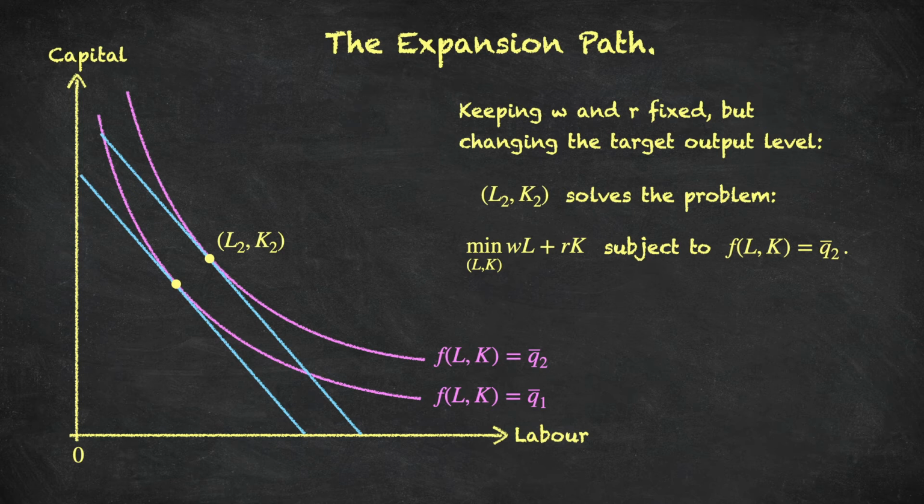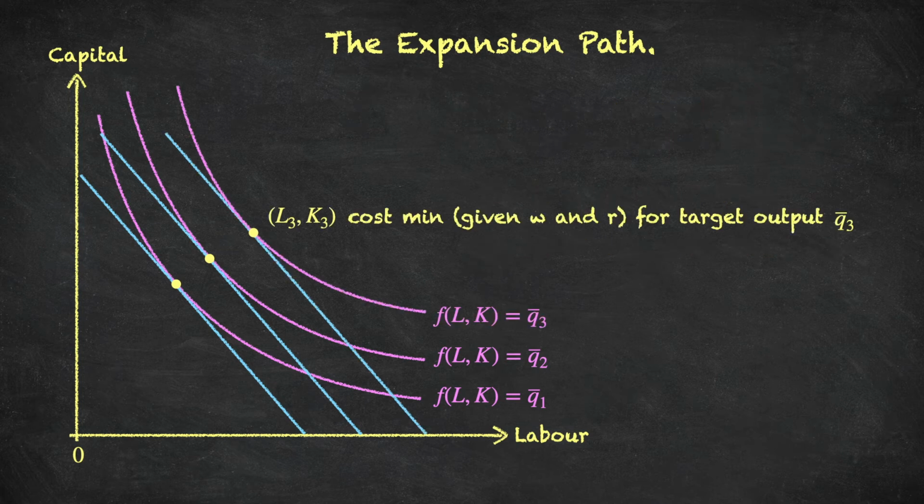Okay, so I now need to choose a different input factor combination that is on a higher isoquant. But this particular solution to this second problem will still satisfy the equation marginal rate of technical substitution equals minus W over R, because it's a solution to the cost minimization problem, and W and R have remained fixed.